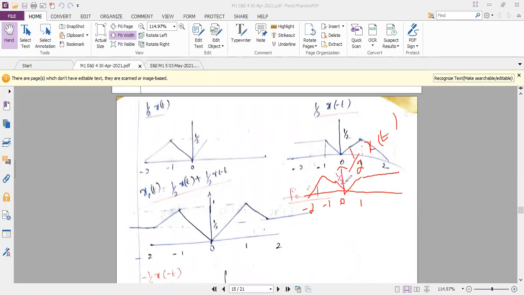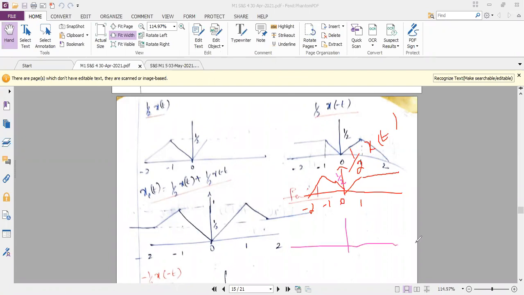So now in the previous even component diagram, we have already drawn 1 by 2 x of minus t. So 1 by 2 x of minus t, you know how was the structure. Now I should draw minus 1 by 2 x of minus t. So let me draw minus 1 by 2 x of minus t.